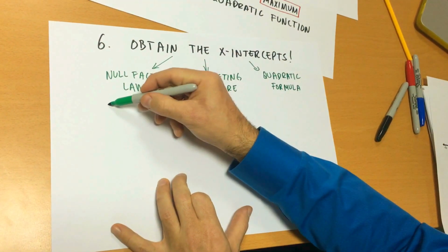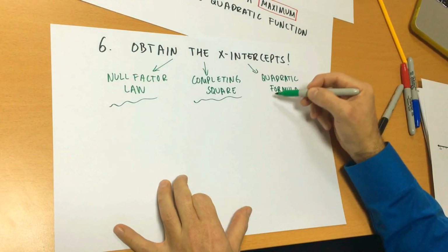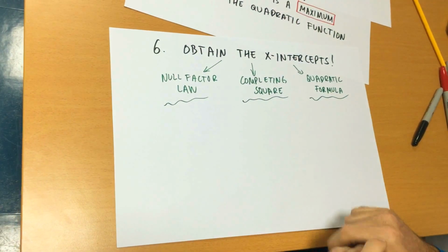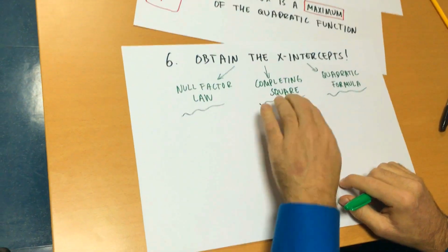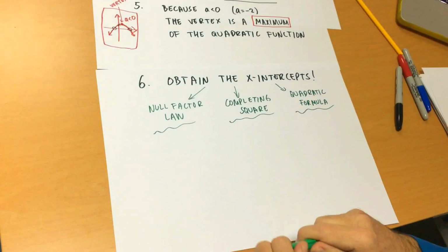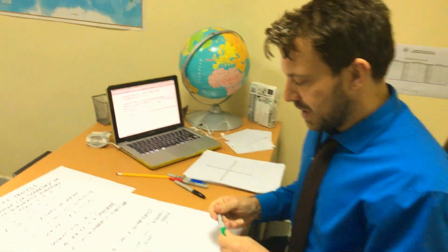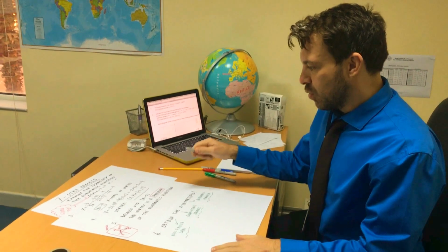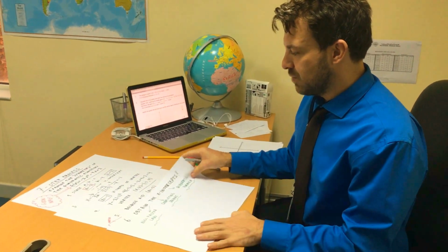You should know all of these 3 methods. You will be asked to show your knowledge in all of these 3 areas. So for our case, we have the coefficients: a is -2, b is -4, and c is equal to 2.